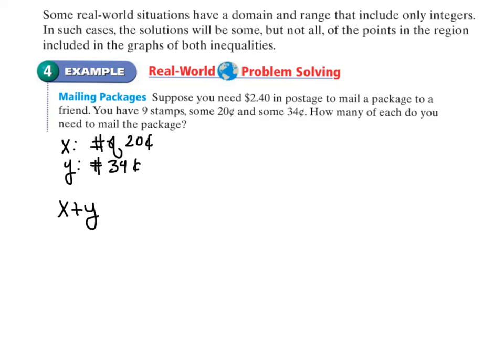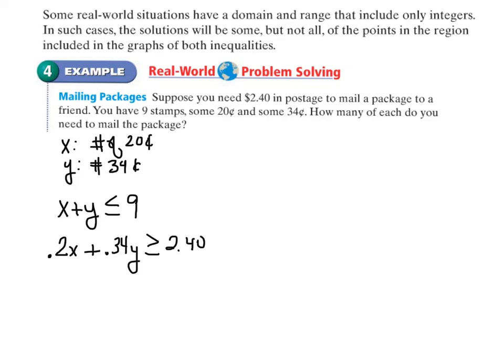No. So less than or equal to 9 stamps. Suppose you had $2.40. Well, that means I had 20 cents times X plus 34 cents times Y. I need $2.40. So I have to have $2.40. So that means I have to go greater than or equal to $2.40.